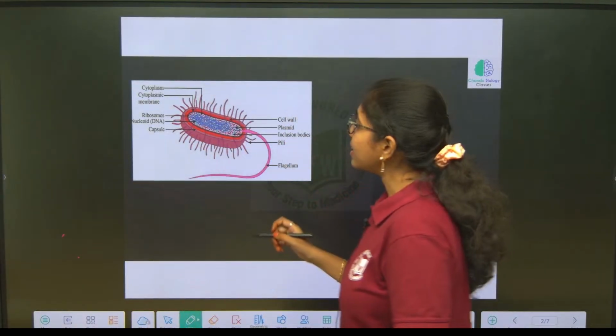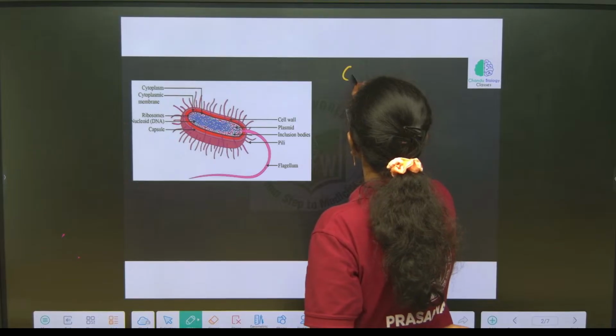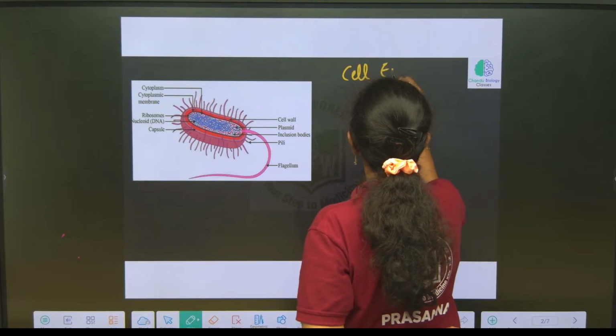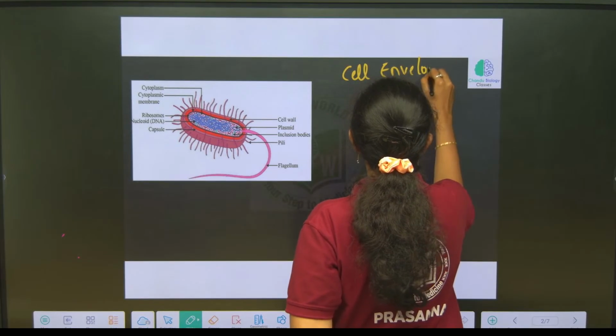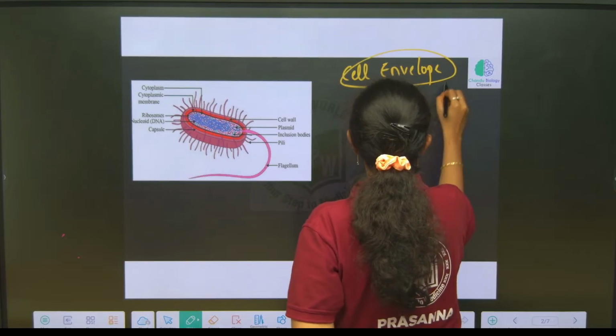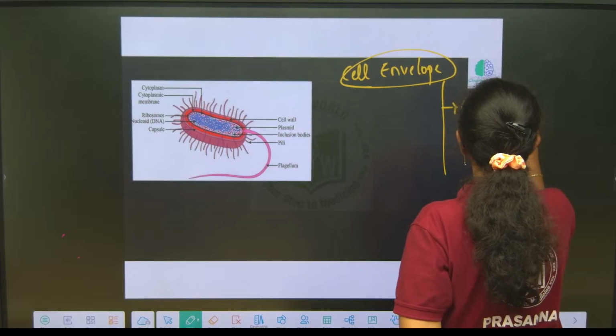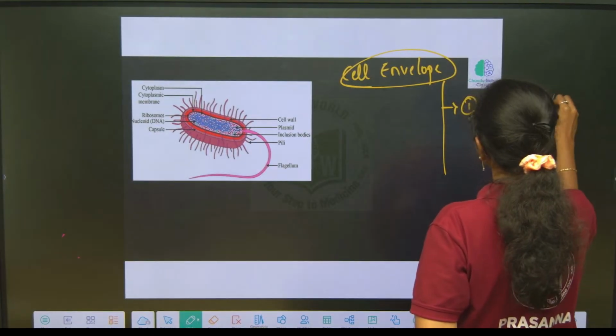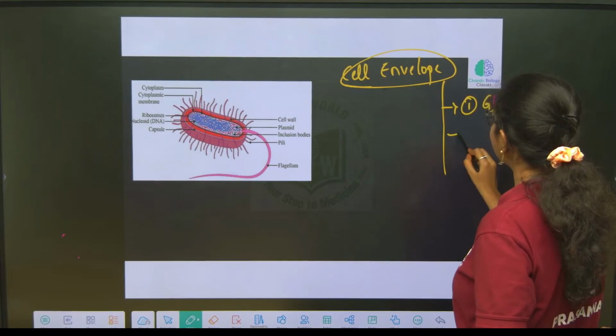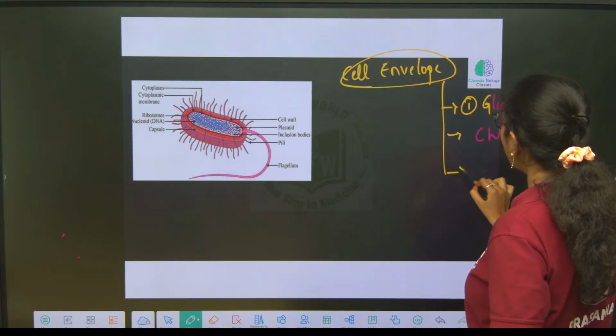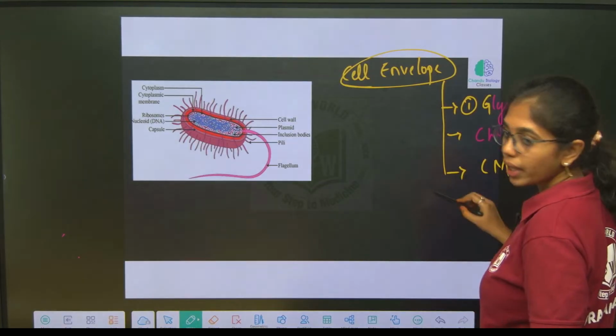Cell envelope is 3 layered, wherein the outermost layer is glycocalyx. Next to the glycocalyx we have cell wall and then we have cell membrane.